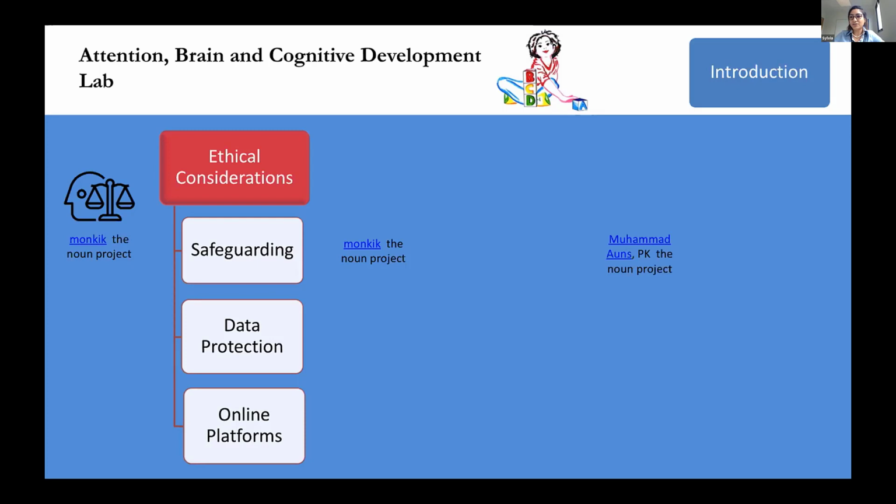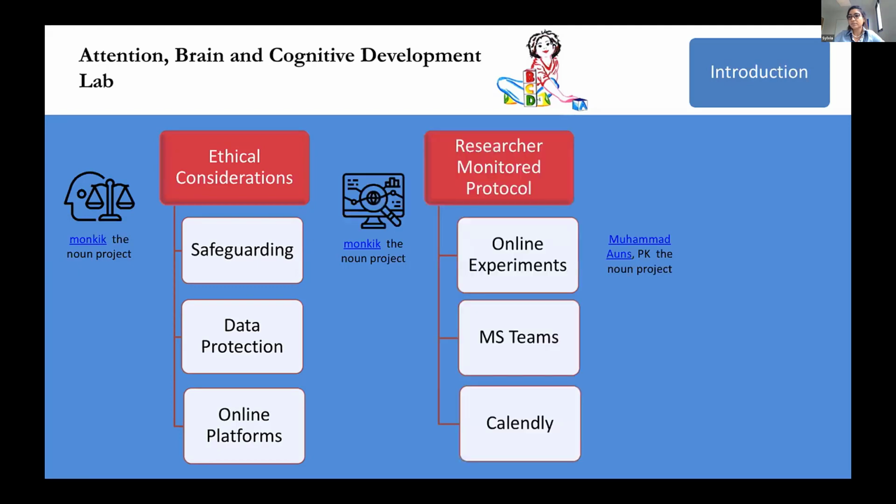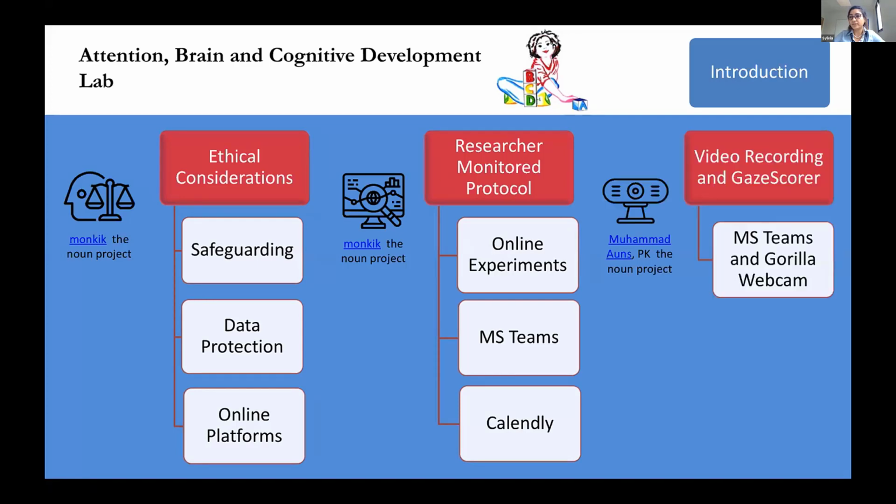First, I'll start by introducing UK-specific ethical considerations when conducting online research with children, such as safeguarding, data protection, and types of online platforms. I'm also going to talk about researcher monitor protocol types of online experiments using Microsoft Teams, Calendly, and Gorilla to your benefit.